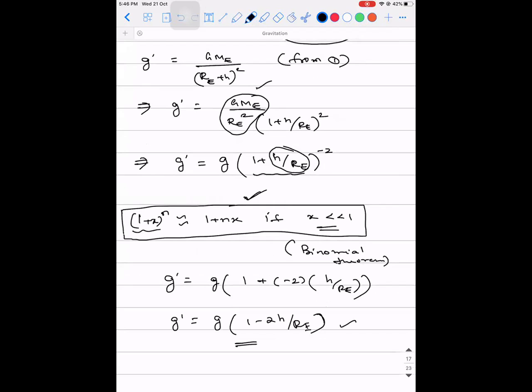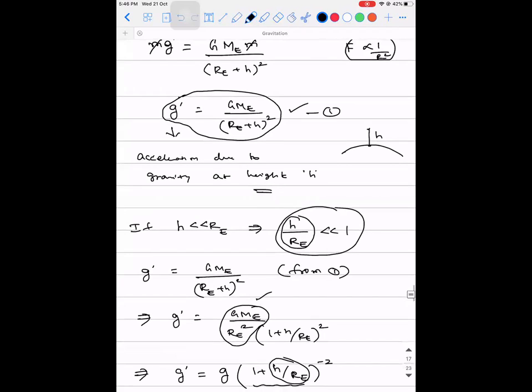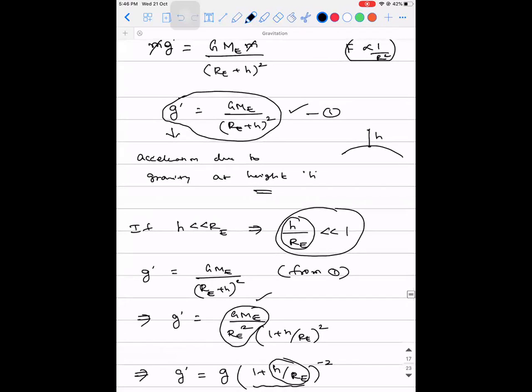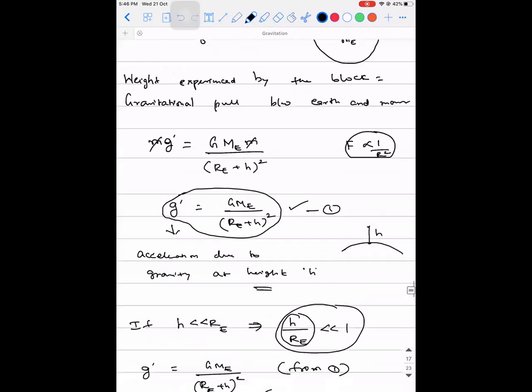So there are two formulae for variation of G with altitude. One is G into ME divided by (RE plus H) square, and the other is G into (1 minus 2H by RE). Okay. When to use these formulas?